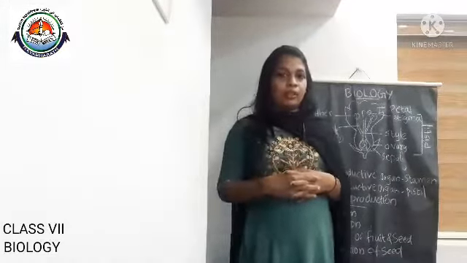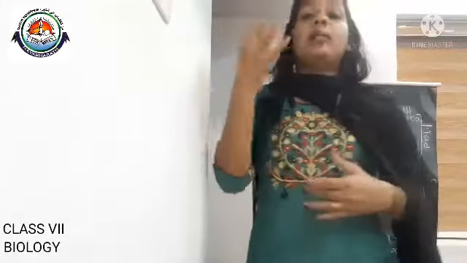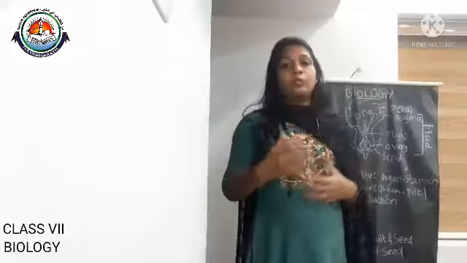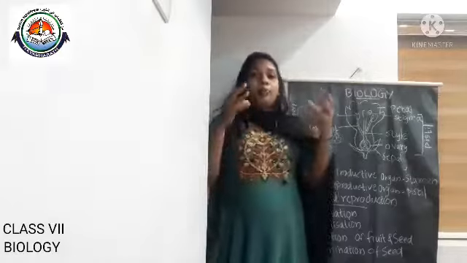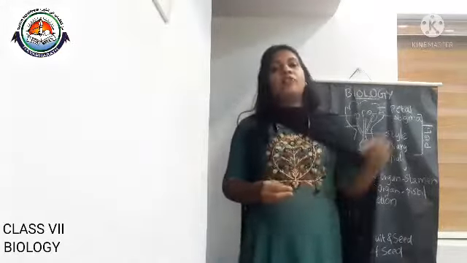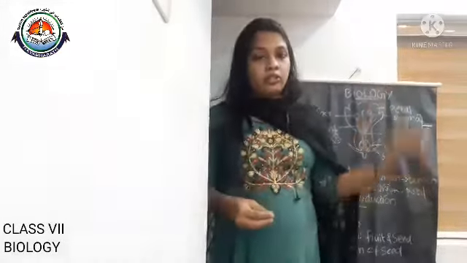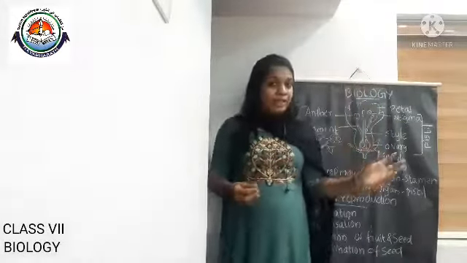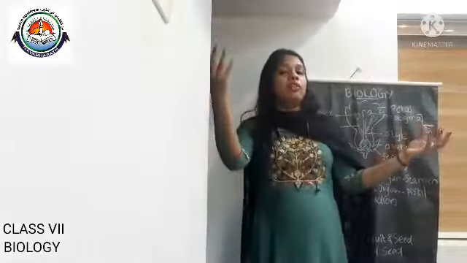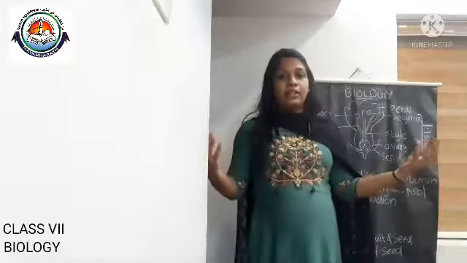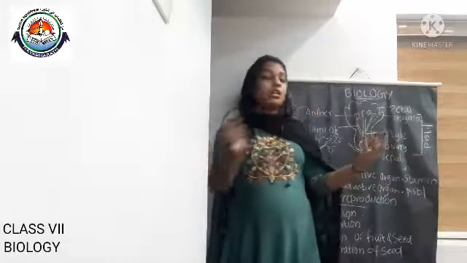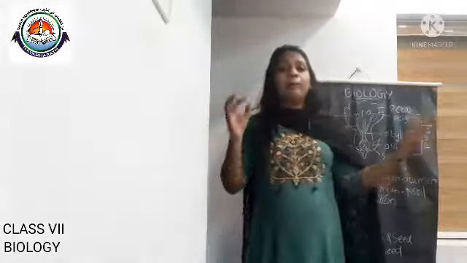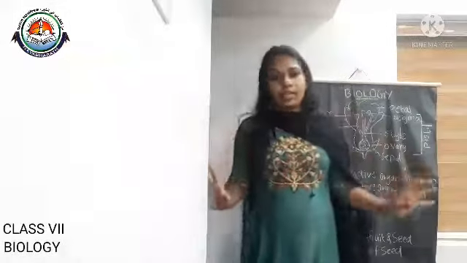Clear? Yes. And coming to cross-pollination. Cross-pollination is the transfer of pollen grains from the anther of a flower of one plant to the stigma of the flower of another plant. So the cross-pollination occurs between two different plants of the same kind.